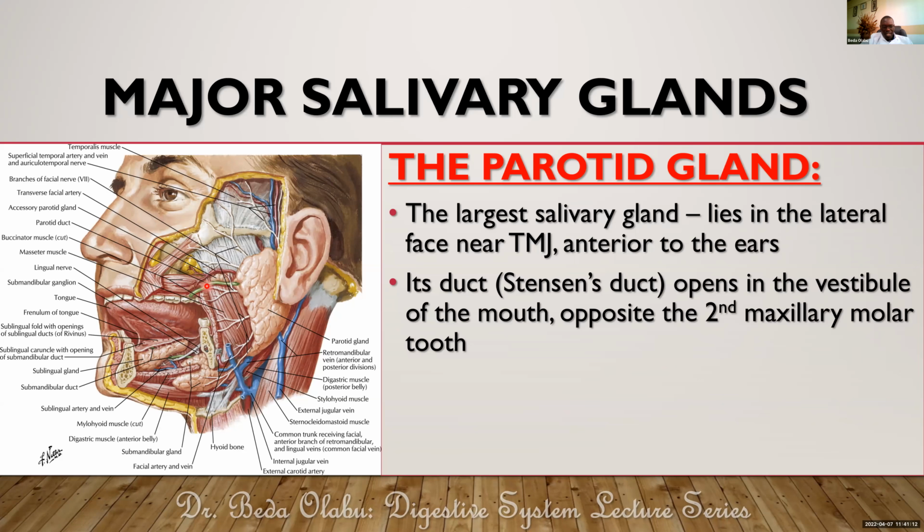That duct opens into the vestibule of the mouth. From our previous classes, you remember what the vestibule of the mouth is. It opens into the vestibule of the mouth, opposite the second upper molar, the upper molar around the maxillary bone. So opposite the second maxillary molar tooth.